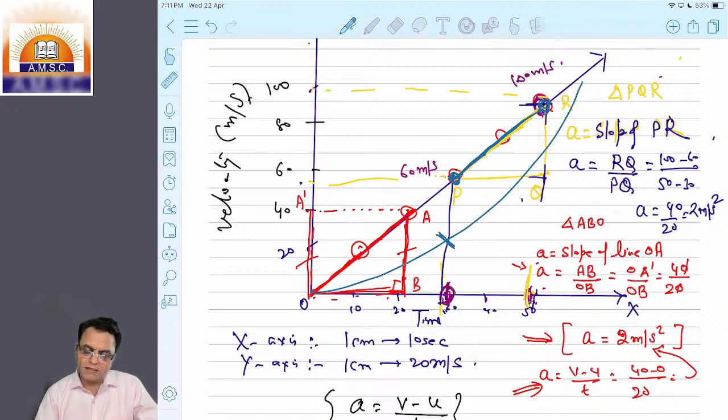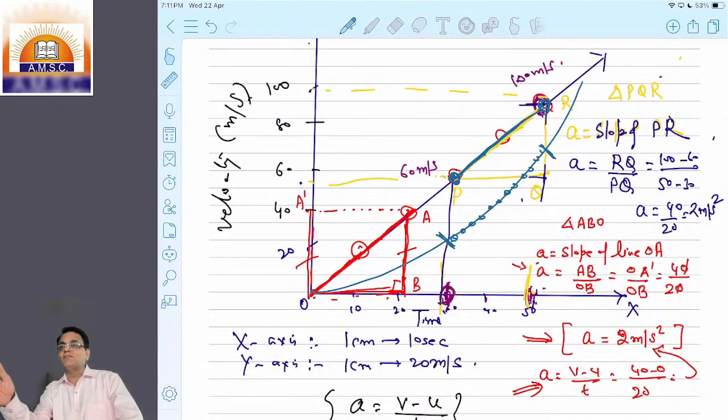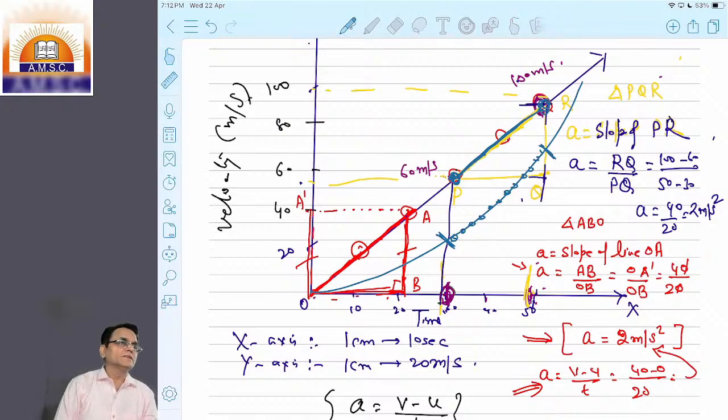Now in between 30 to 50, the value of acceleration keeps on changing at every instant of time. The value of acceleration is not same. हर सेकंड में एक्सेलरेशन की वैल्यू अलग है. It is impossible to find out the value of acceleration for a given time span using the concept of slope in this case by considering a right angle triangle. नहीं निकाल सकते उस केस में.